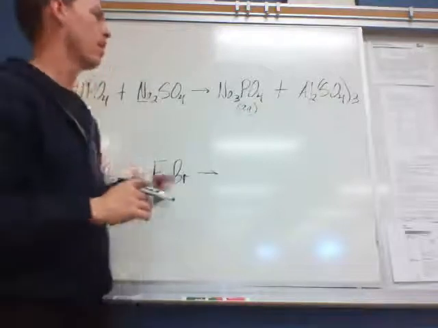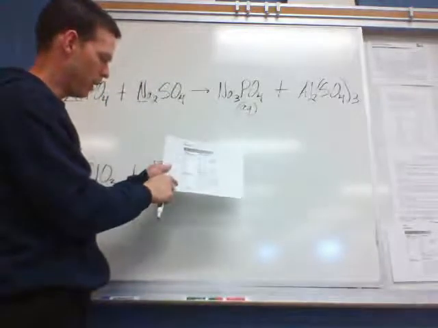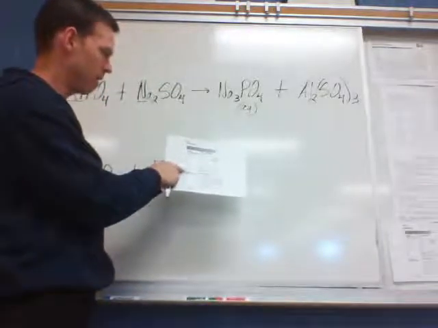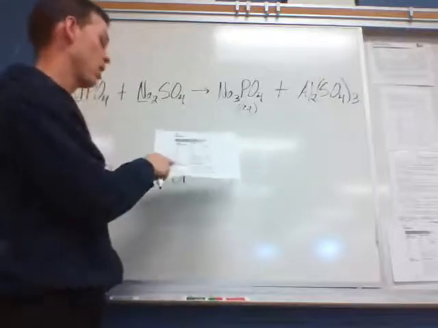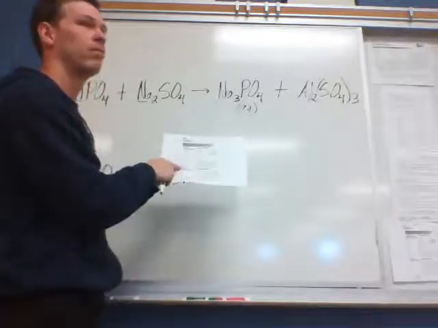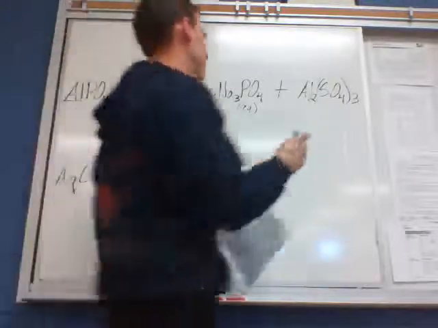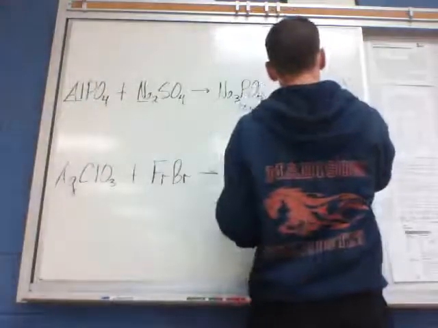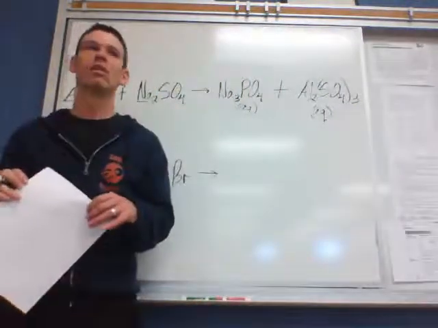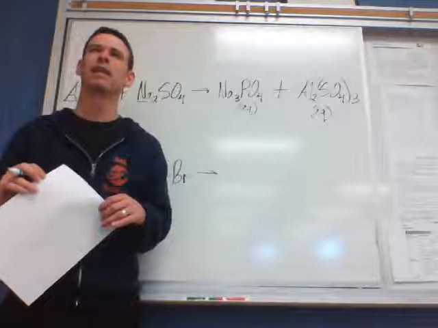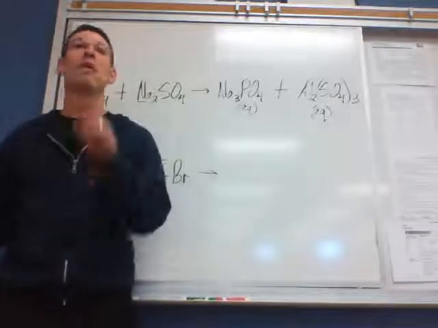Check the solubility of the other product. I look for sulfate. Sulfate is located at the very bottom of the aqueous list, but he's got exceptions. Strontium, barium, lead, mercury. Aluminum is not one of his exceptions, so he will stay aqueous. Who sees it? What's the next thing I'm going to say? No reaction.